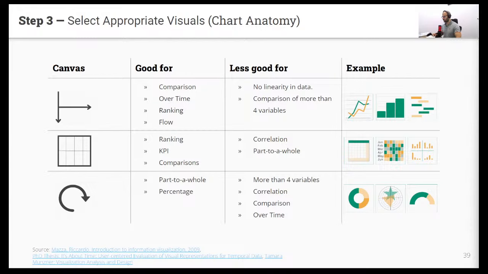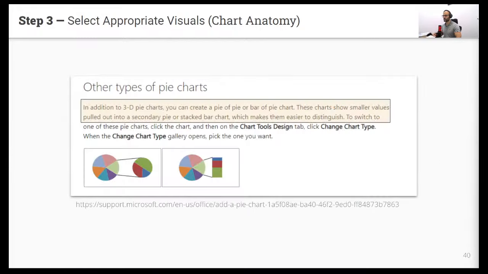And while browsing for information about these, I encountered this little example on Microsoft's support page, where Microsoft had answered that the user who had an issue with creating this visual for certain types of data, they suggested that the user would actually extend a slice of the pie with another pie or a bar chart.